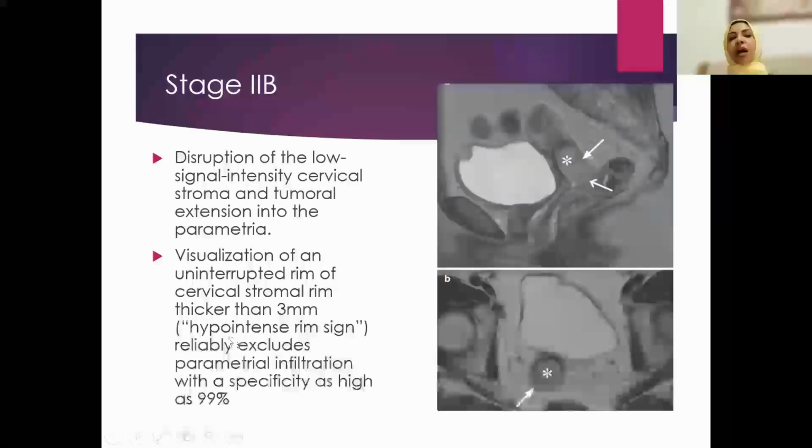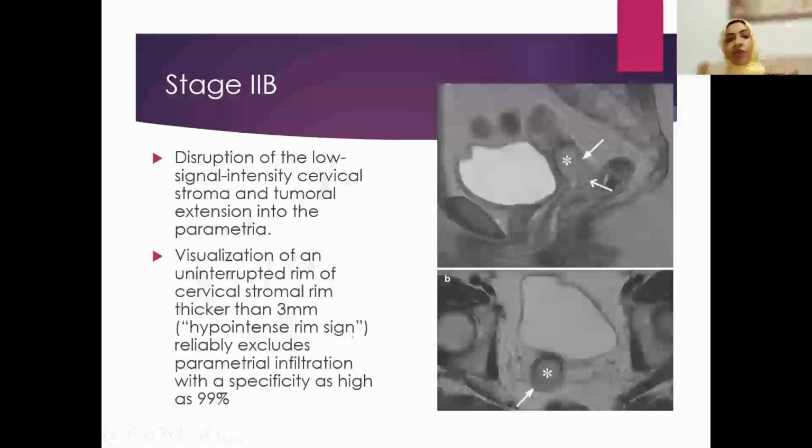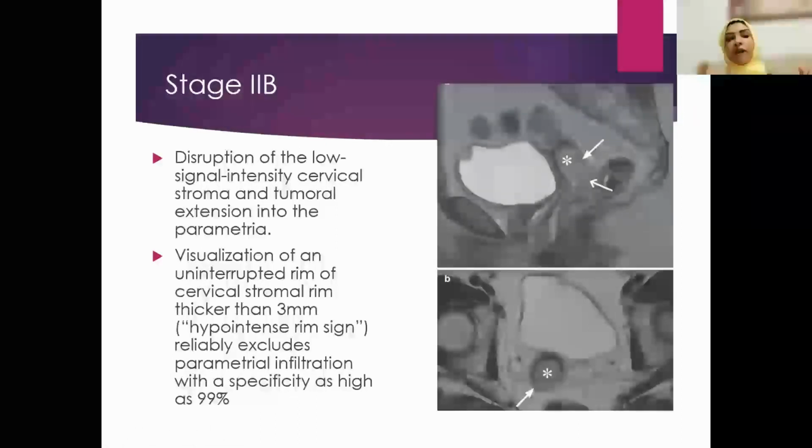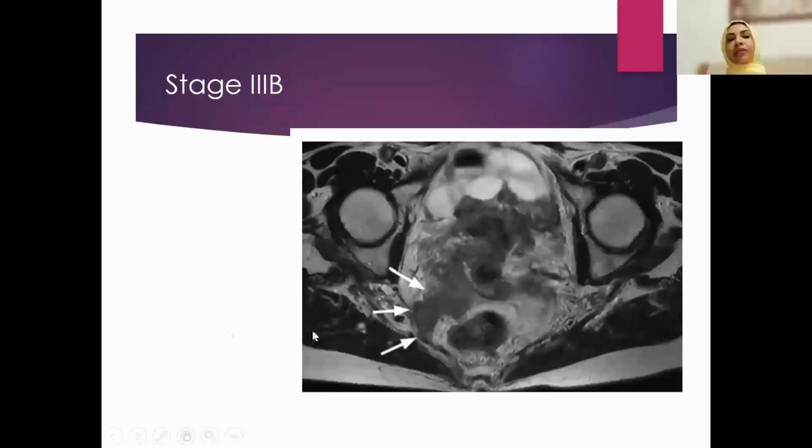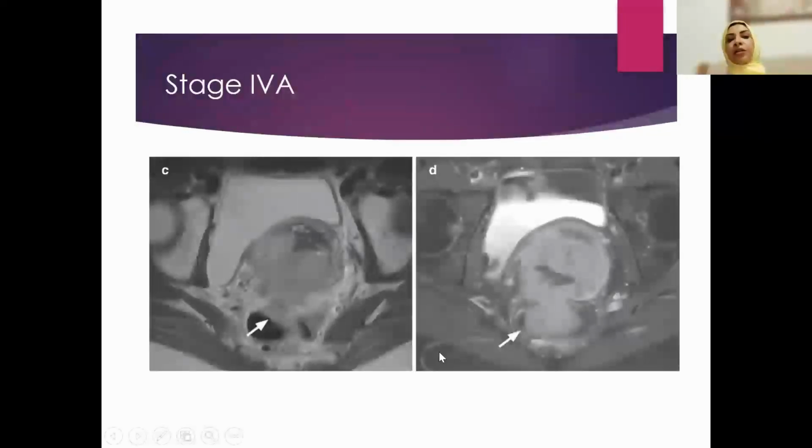So this hypointense rim sign is your friend when you deal with case of cervical cancer. That's stage 3. The tumor has been invading the lateral pelvic wall. And here, stage 4, the tumor is invading the rectum, as you can see here and here.